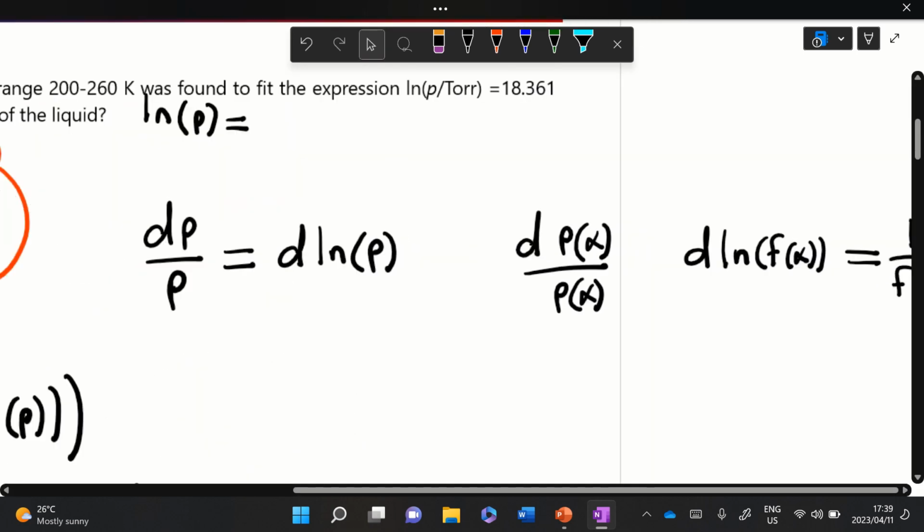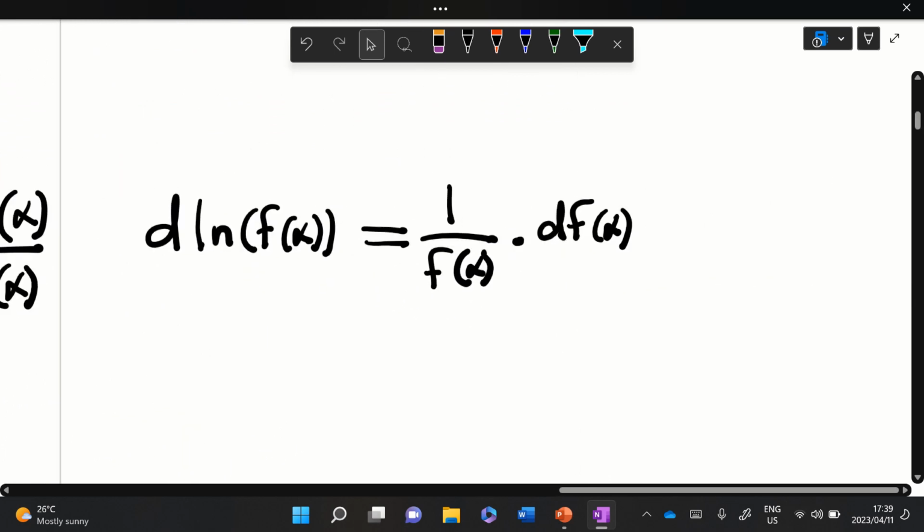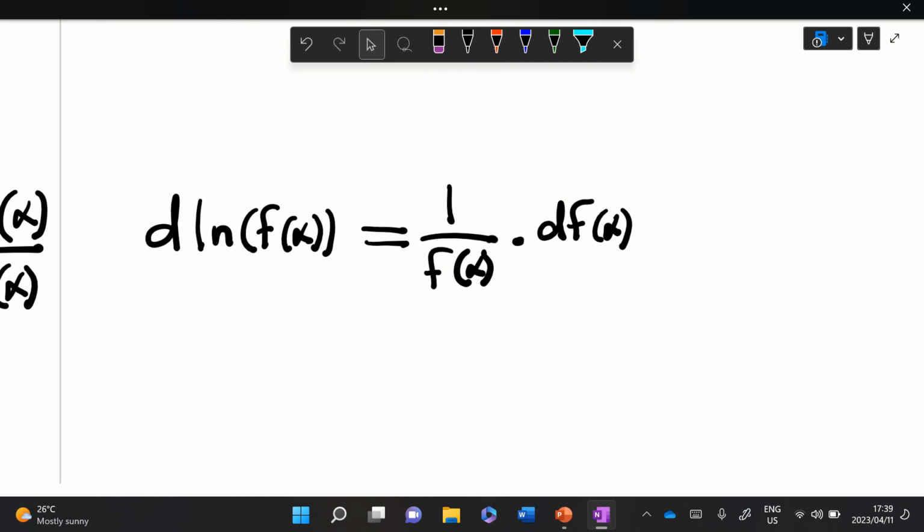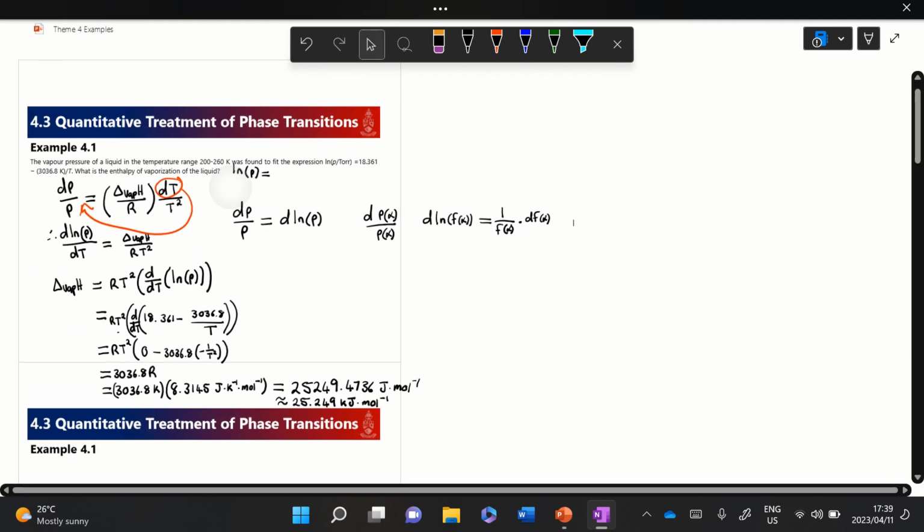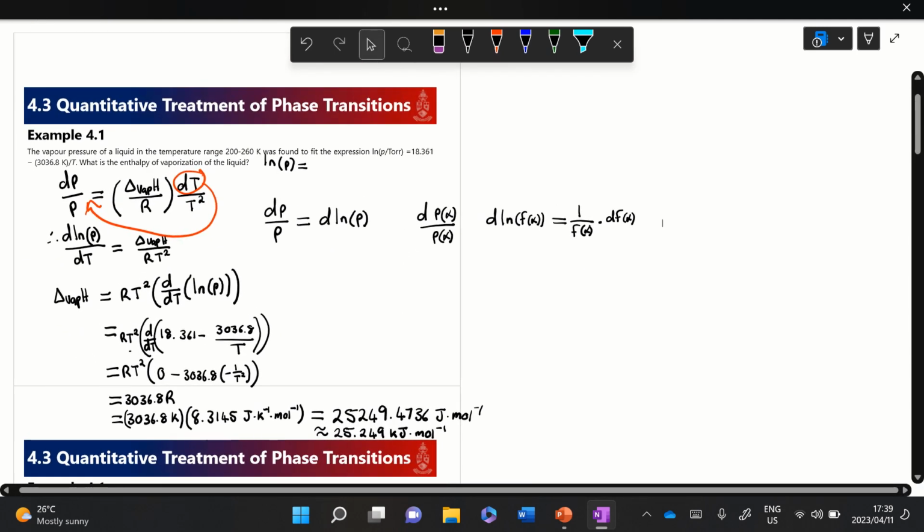To wrap your head around this kind of idea, just remember that you have ln of a function, which is not just a value. So it's not just ln differential, it's 1 over that thing, and that thing has a differential in itself. From there on, it's actually quite easy. Yeah, I hope this was helpful.